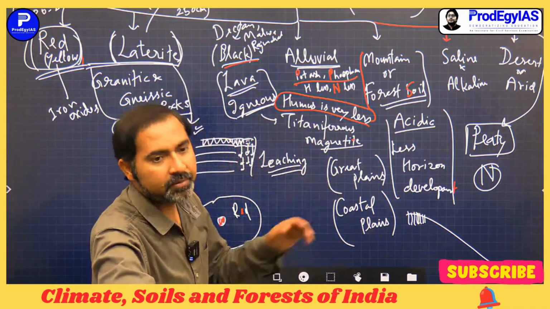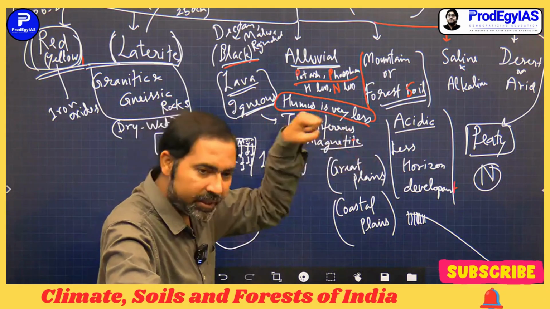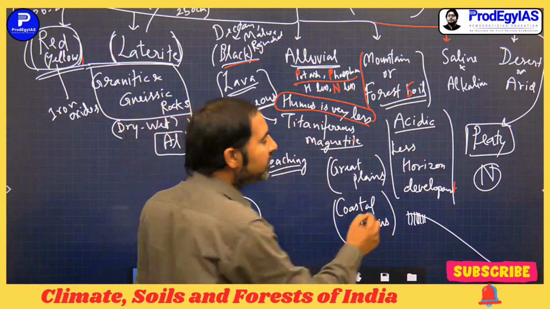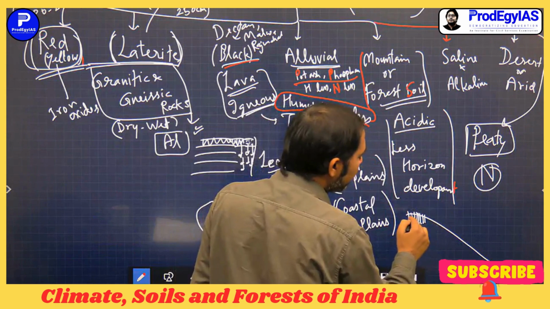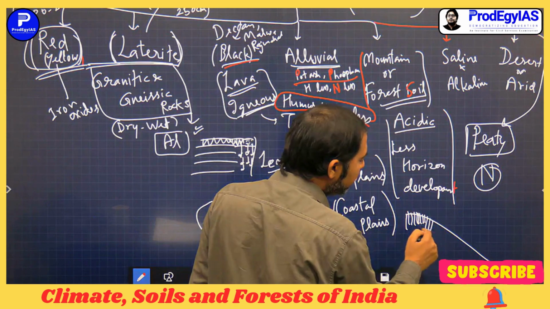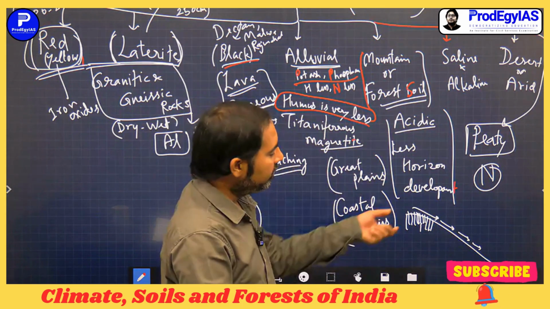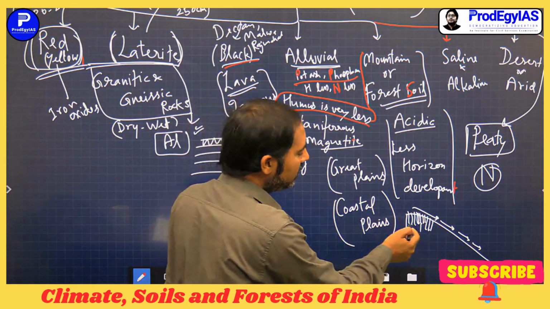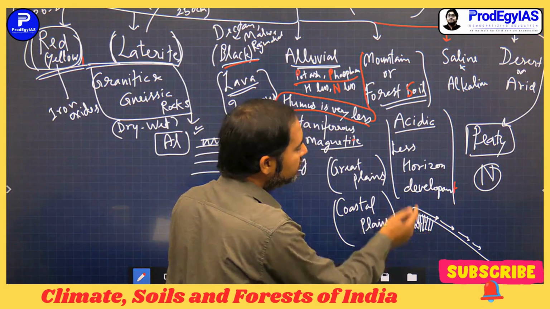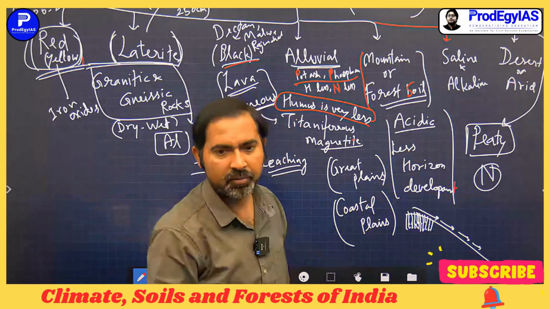Development of soil horizons needs leaching. It needs infiltration of water, but because of the highland area, the infiltration of water is least and the overland flow of water is the most. That is why very little water infiltrates and there is less horizon development in that region.